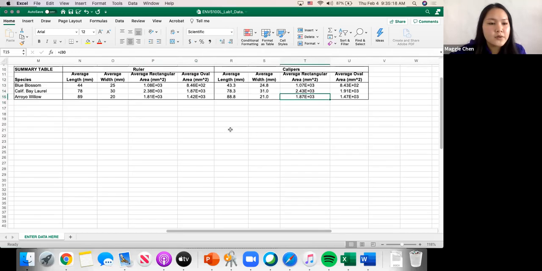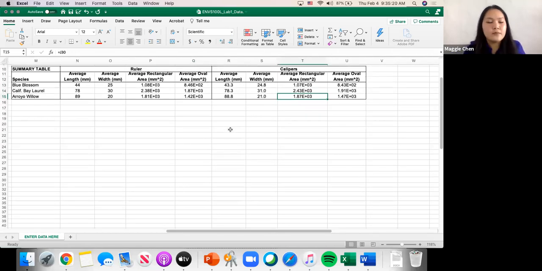Great. So from here, with everything that we have in the summary table, we're just going to be making 2 column charts. So the way we can do that is first, we're comparing the ruler and caliper measurements, the average rectangular and oval area versus each leaf species.